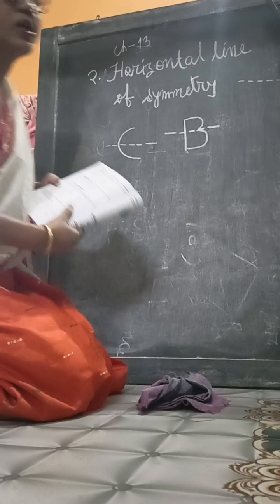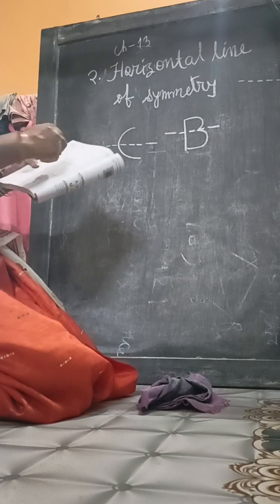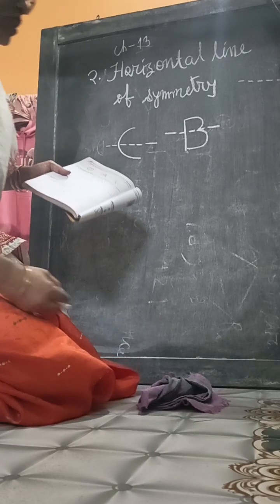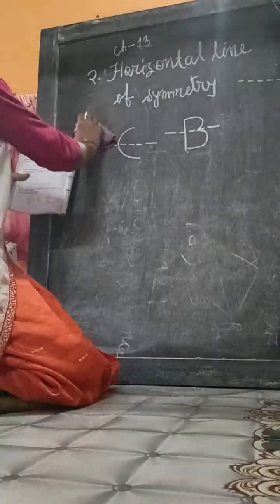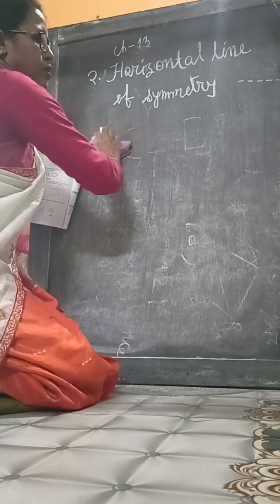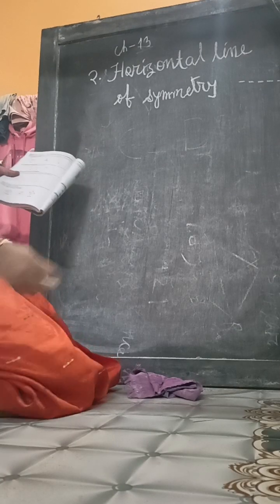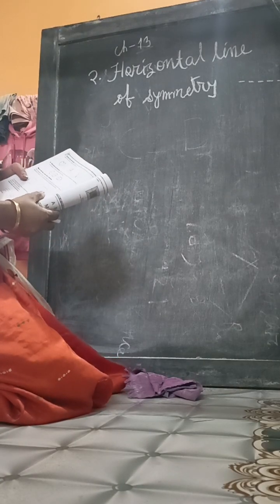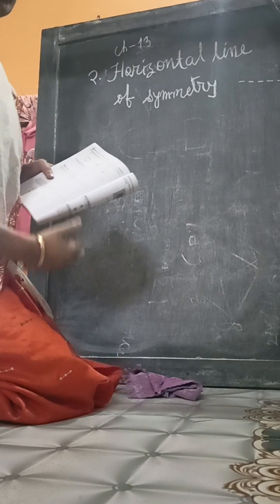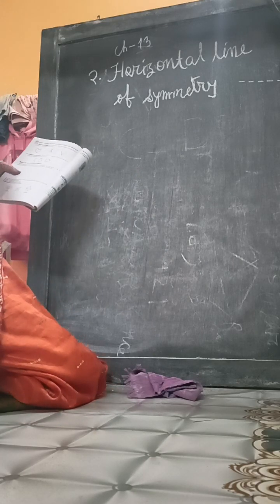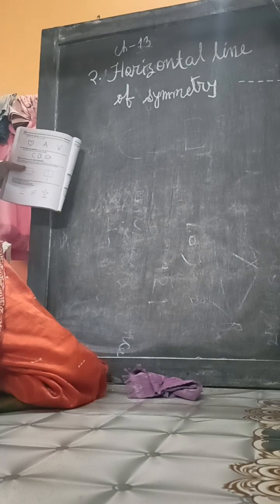In some geometrical figures, we get more than 1 line of symmetry. Suppose you take a rectangle. Do you know what a rectangle is? A rectangle is a quadrilateral whose opposite sides are equal and each angle measures 90 degrees.